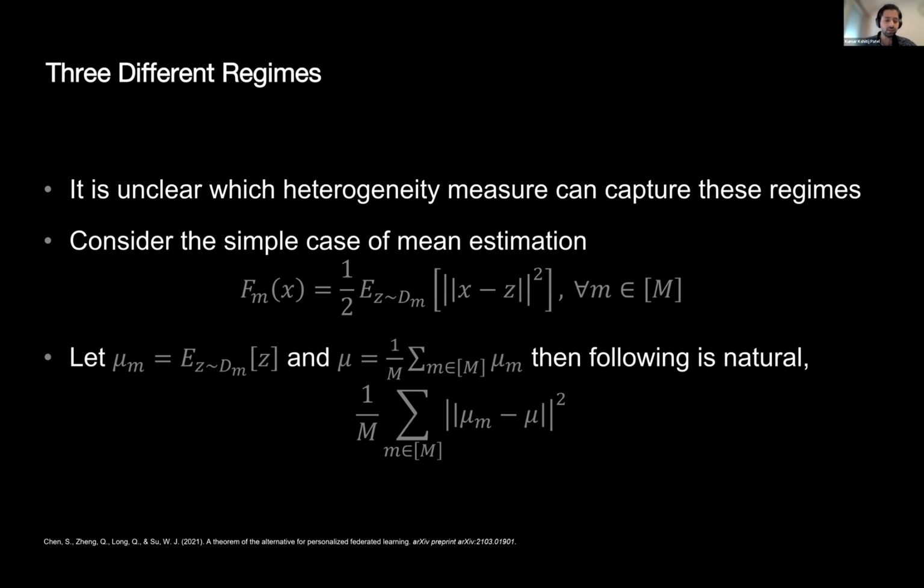Okay. Let mu m be the mean on machine M, and let mu be the average mean of these machines. Then I claim that the following heterogeneity notion is natural, which basically captures how far the means are on each machine with respect to the average mean.